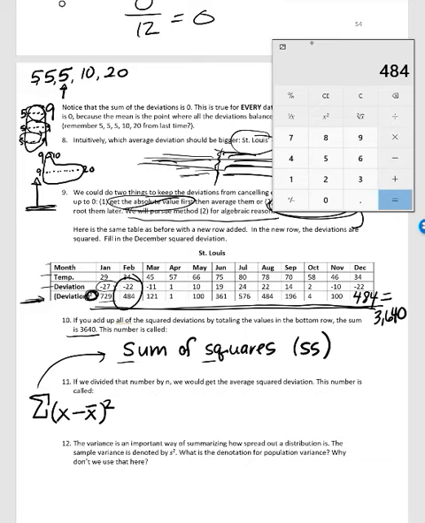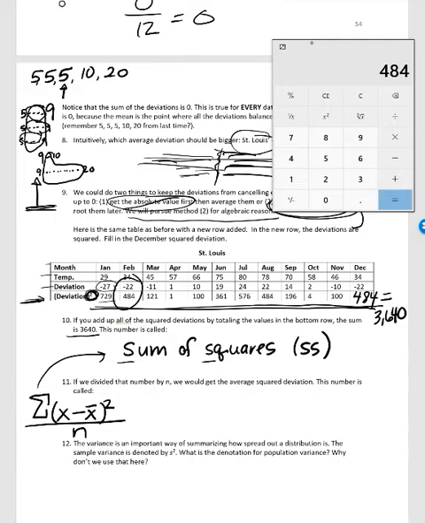Now, if we then divide that number, keep in mind this is, for this problem, 3,640, by n, the number of numbers that we just added up, I want you to think about this. We're adding up a bunch of numbers and then dividing by how many numbers we just added up. I'm hoping that sounds a little familiar.